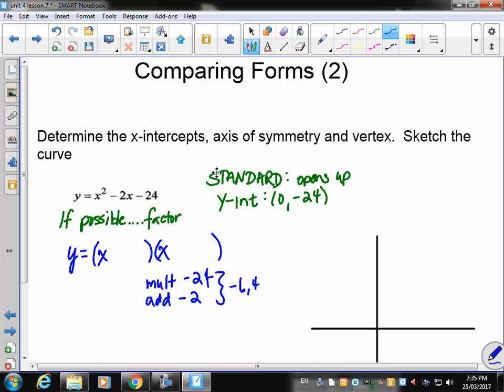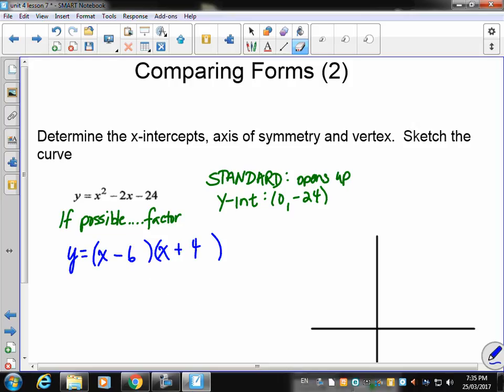This one is factorable, and that just means that there are nice x-intercepts. If it's not factorable, you still might have x-intercepts, they're just not going to be pretty. So once we have it in factored form, our x-intercepts are 6 and -4.